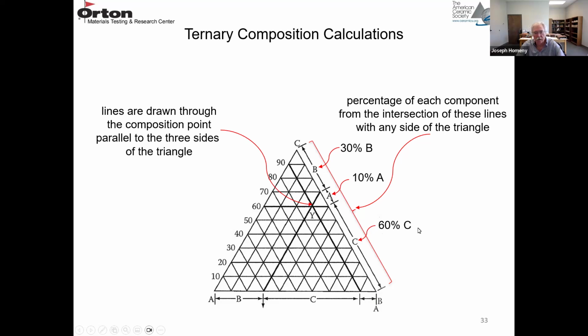So 60% C. And then this small section A is opposite A. That's 10% A. Or you could simply go 10% in this direction for A, or 30% in this direction for B, or C, it's 60%, 10, 20, 30, 40, 50, 60, and you end up with Y. So two different ways of looking at the percentages of the three components at any particular composition in the ternary phase diagram.